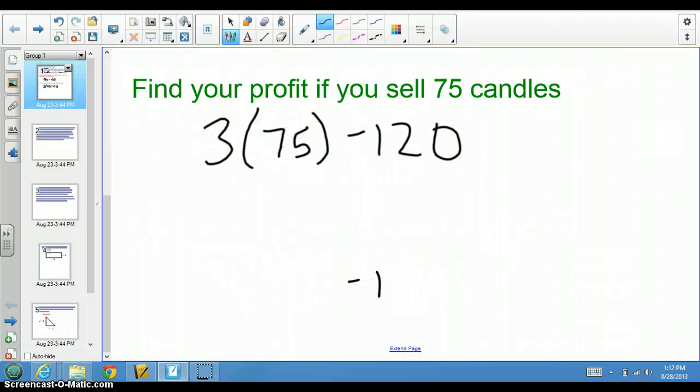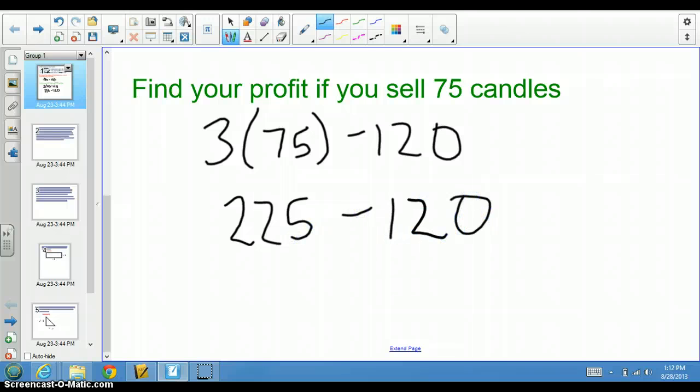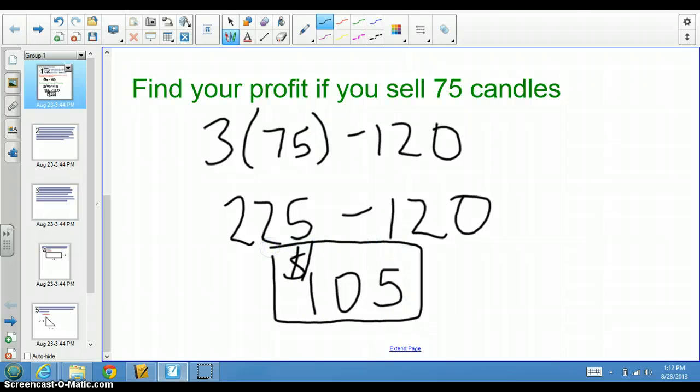It is just order of operations, so 3 times 75 is 225 minus 120, and we get $105. So by selling 75 candles, you will make a profit of $105 when you subtract the cost of the rental and your materials. So if you look, we did two things. We wrote an expression and we solved it, or we evaluated it.